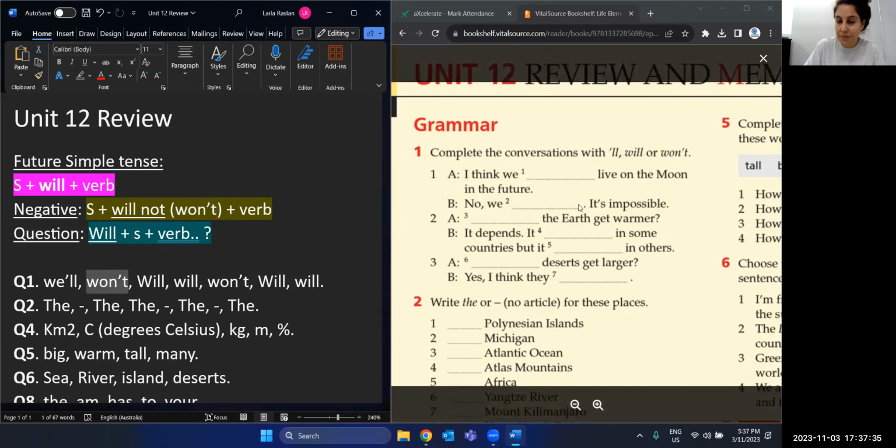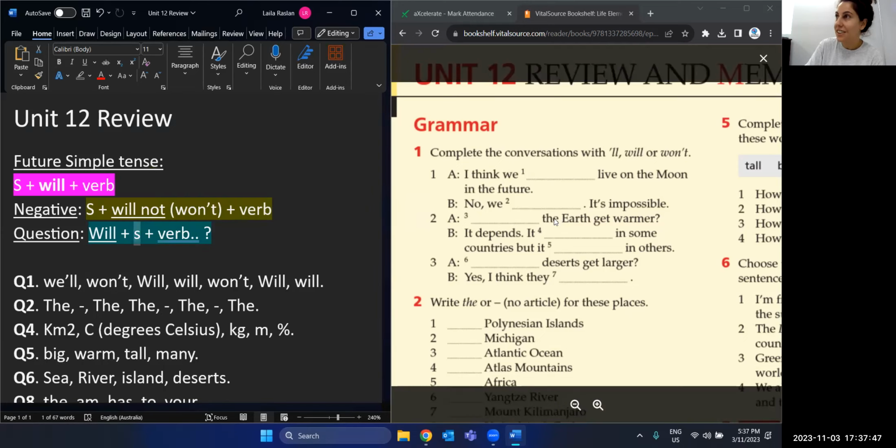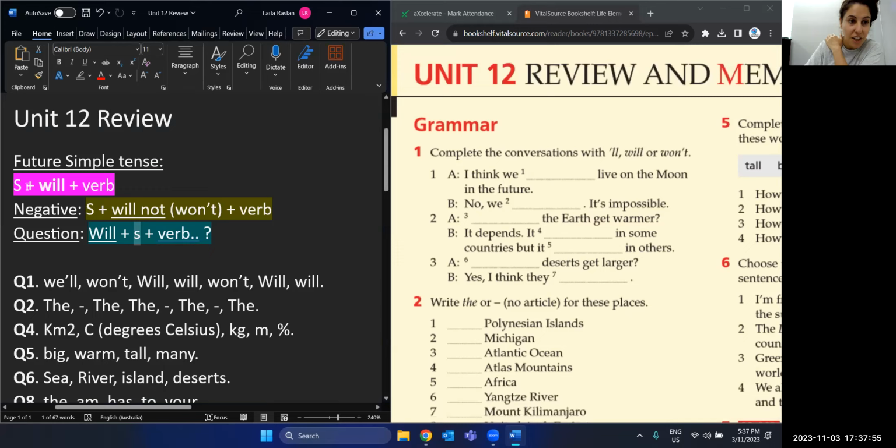Number two, something the earth get warmer. It's a question. How do you start a question in the future? Will. Yeah, will. It looks like the subject is the earth. Will the earth get warmer? It depends. So he's making a sentence.